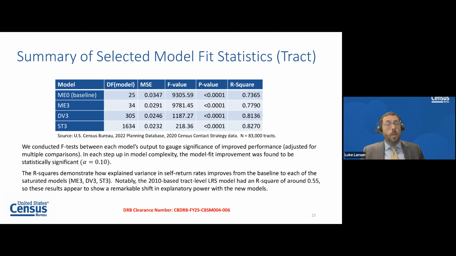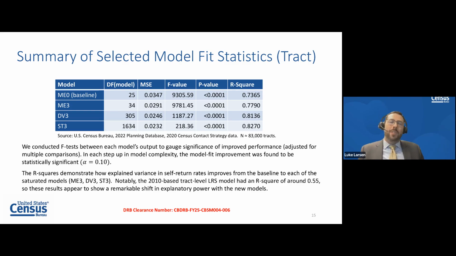Those R-squares are pretty high. Even for the baseline, that is about 74% explained variance. For point of reference, the 2010 based model was around 55%. So even with not considering our other candidate variables and just doing these global modifications and changing the data sources, we are getting better model fit. So that's great. Go us.